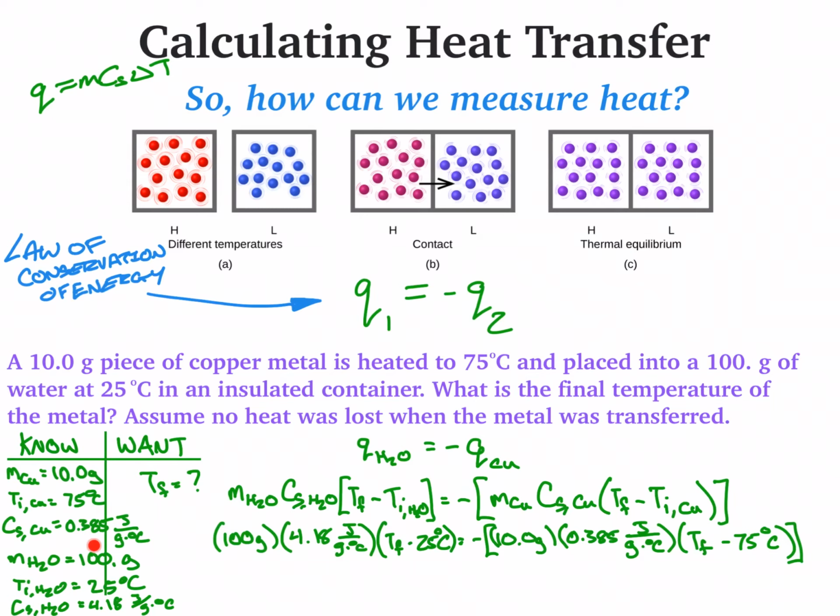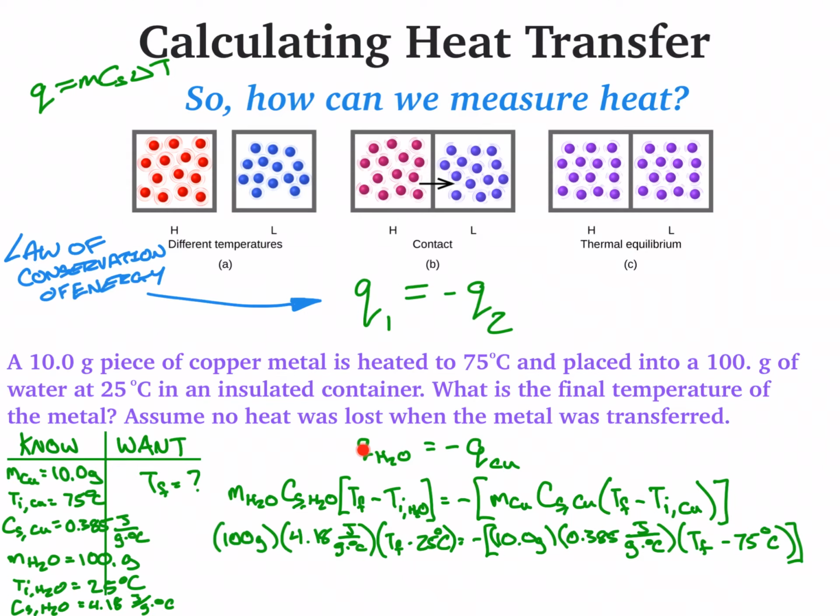Now, I just grabbed the specific heats from the previous page instead of giving them to you directly in the question. But hopefully we can agree that if we're putting a hot piece of metal into water, the temperature of the water is going to go up, and the temperature of the metal is going to go down. Hopefully we can also agree that this final temperature, whatever it is, should probably be in between these two values, right? So let's find out what that final temperature is.